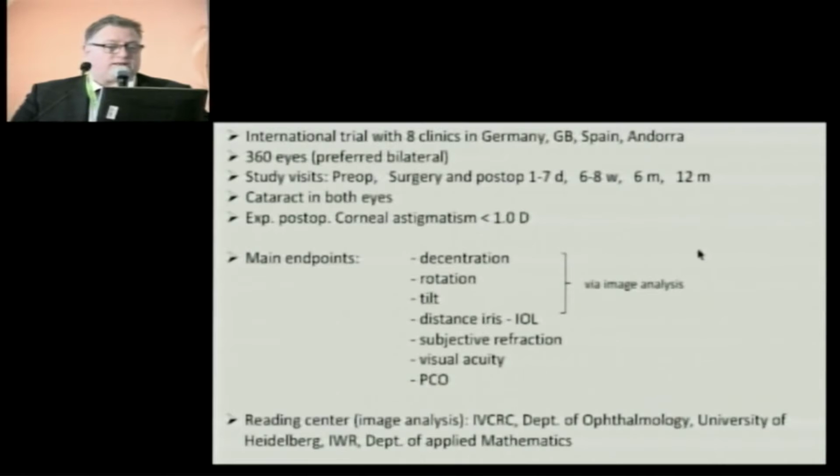So we had a multi-center trial in 8 clinics in Germany, Great Britain, Spain. 360 eyes were preferred bilaterally implanted, and we had the interim analysis here between 6 and 12 months now. We had a lot of endpoints where we looked at the performance of the lens, joining forces here with the Department of Applied Mathematics in Heidelberg, who wrote a program to analyze the images.